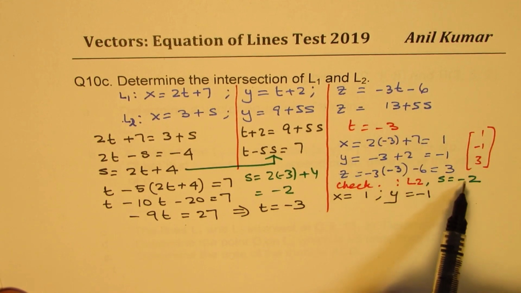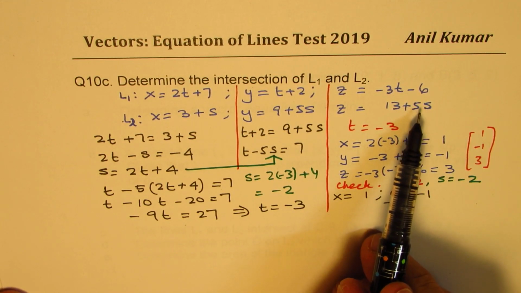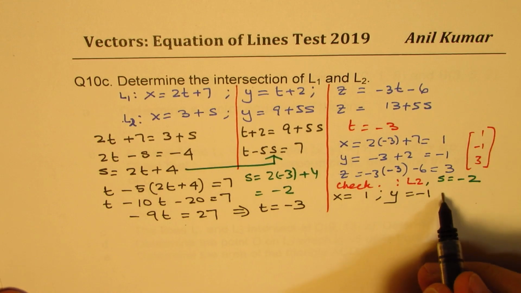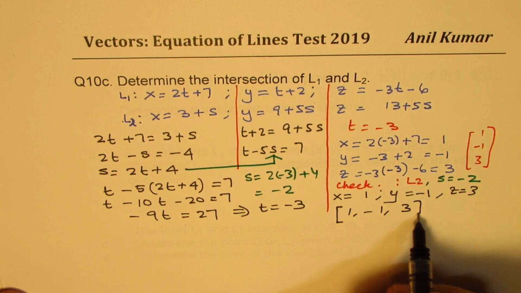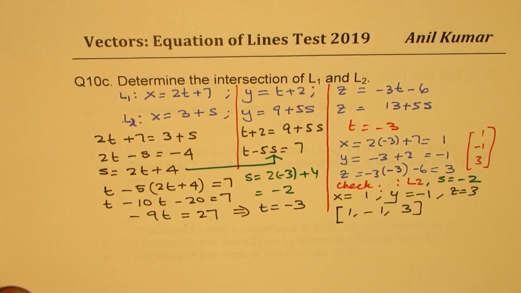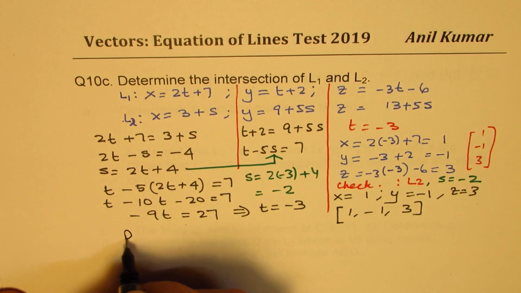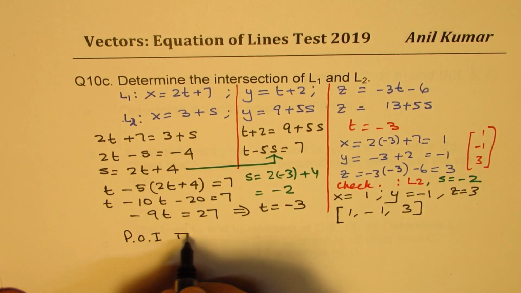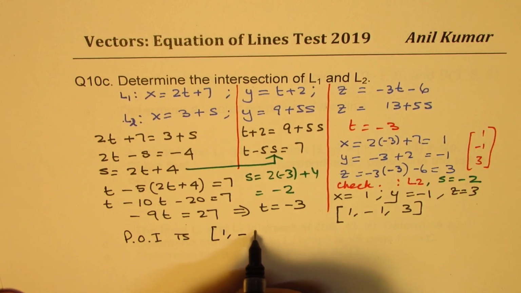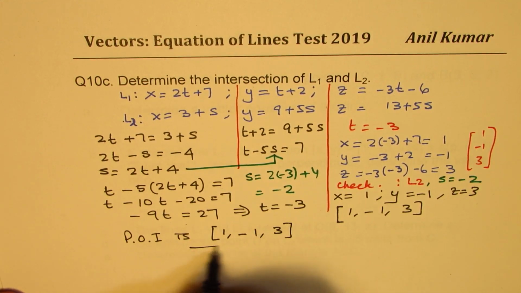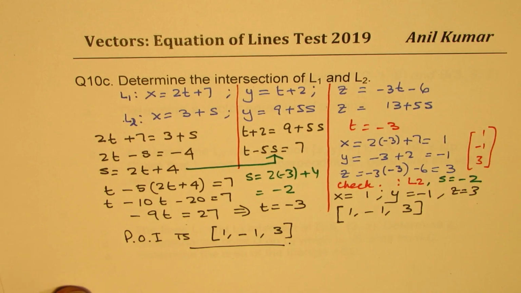For z, minus 2 gives you minus 10 once again, and 13 minus 10 is 3. So we get the same point, (1, minus 1, 3). Since it is the same point, the point of intersection is (1, minus 1, 3).